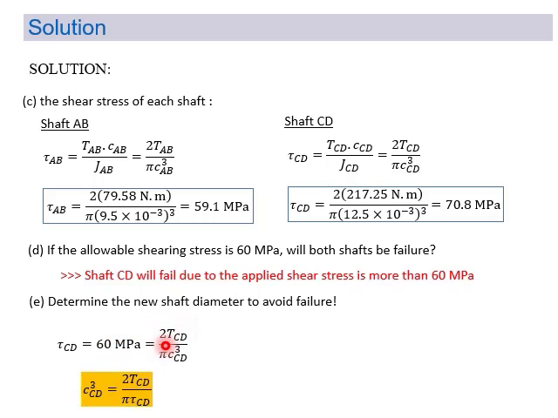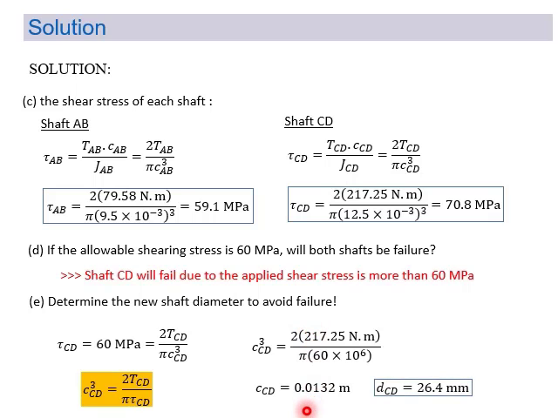We change the equation to solve for the radius, and we can calculate the new radius of shaft CD, which is 0.0132 meter, or equal to 26.4 millimeter.